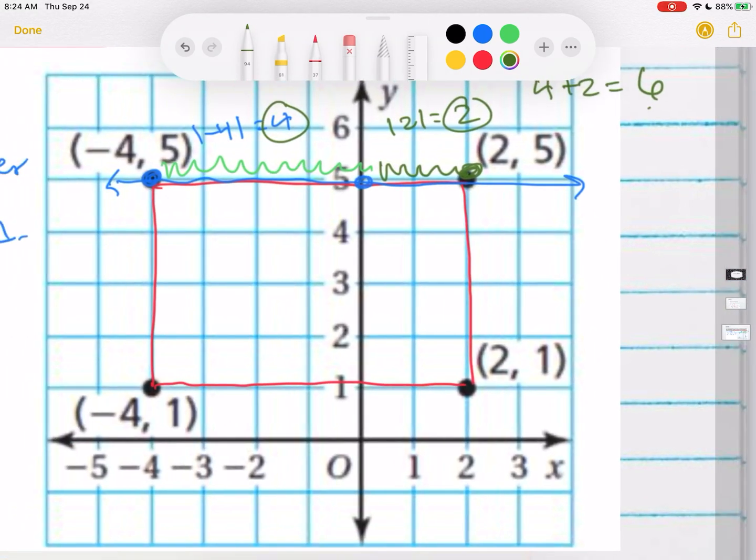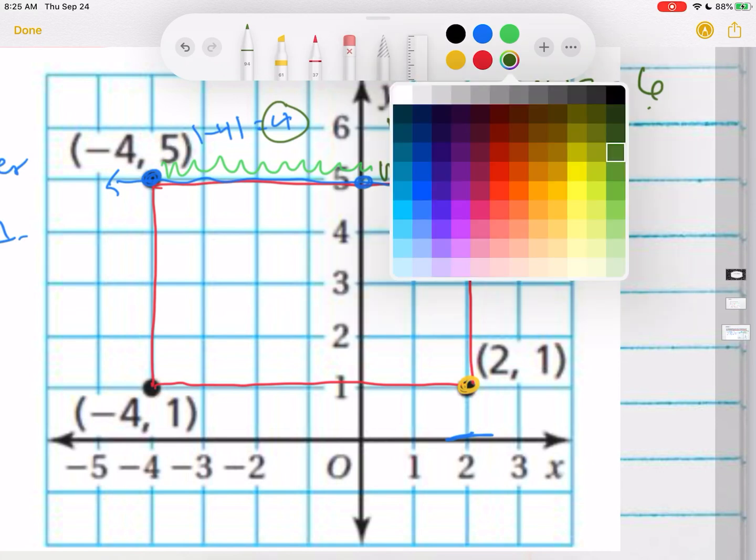Now moving on to our width. Well, how would you use absolute value to find the width? Well, we go from 1 to 5, right? So one way you could do that is you could just do 5 minus 1 equals 4. Another way you could do that is, let's find a darker color, do a nice deep purple.